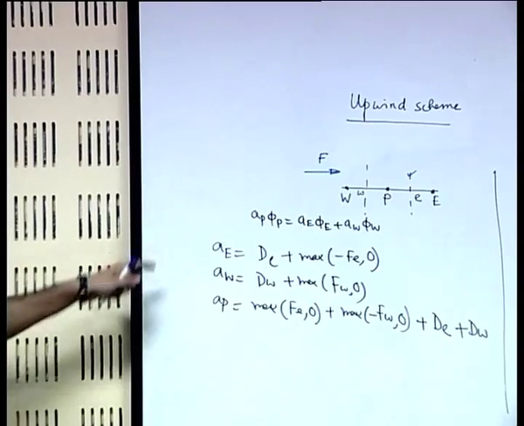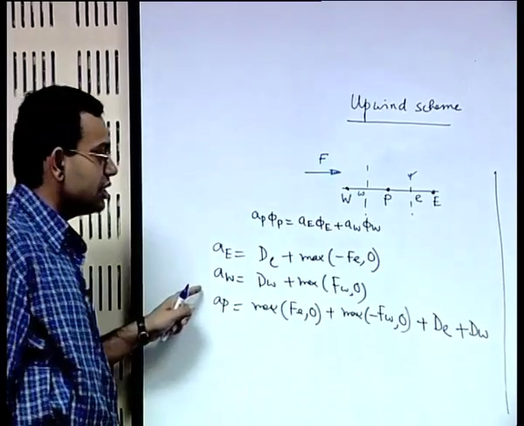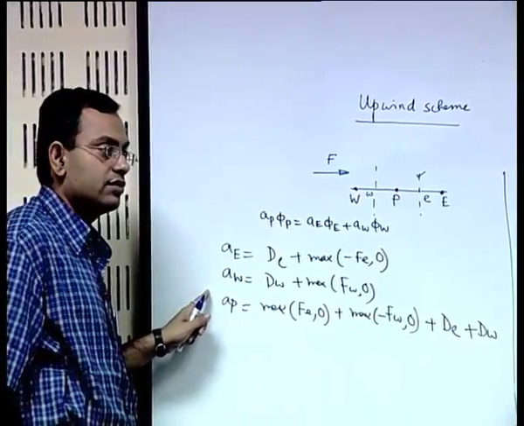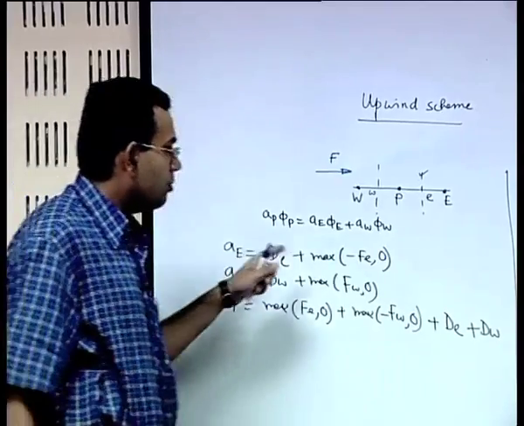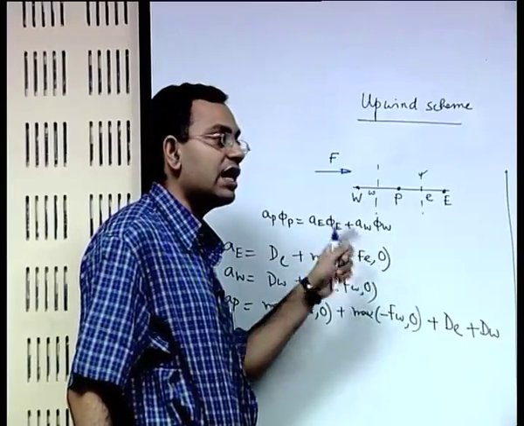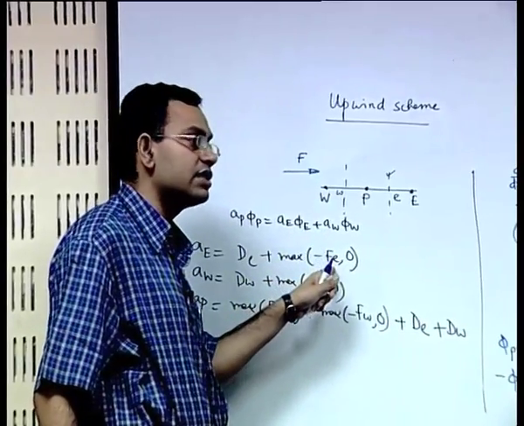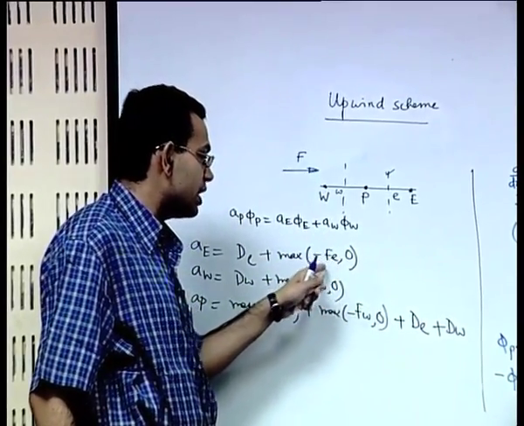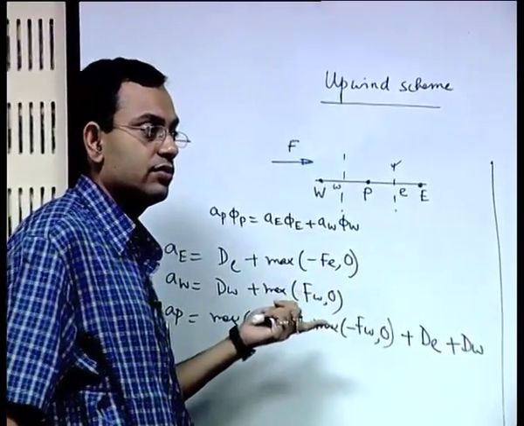So, by looking into this we can observe one important thing, that all coefficients must be of the same sign, because D_E, D_W are all positive and max of these two will always return something which is at least 0. If F_e is greater than 0 this will return 0, if F_e is less than 0 it will return minus F_e which is greater than 0.